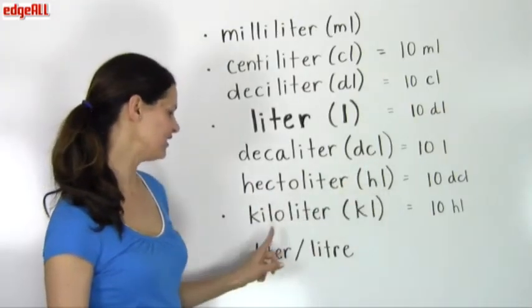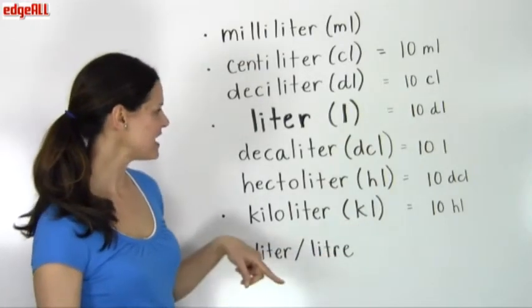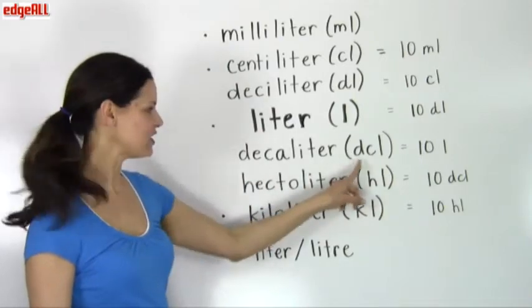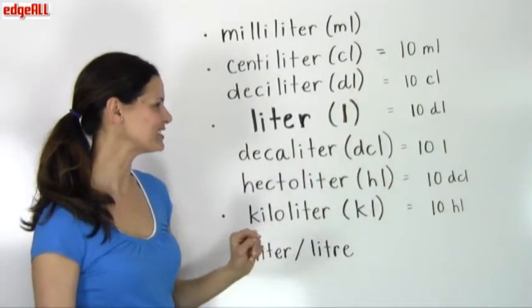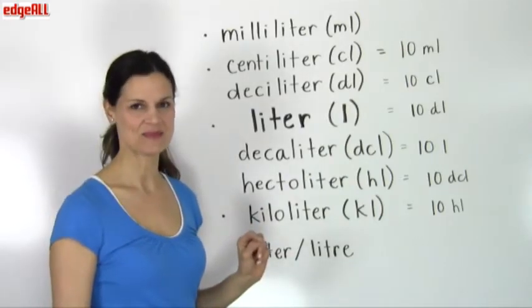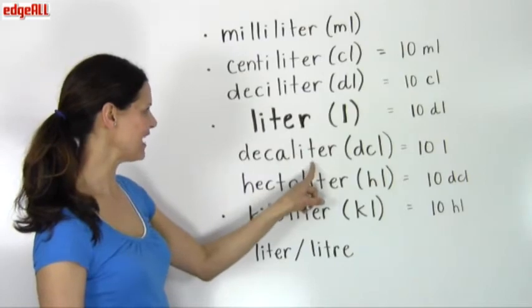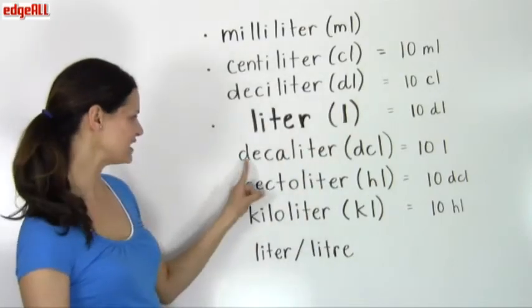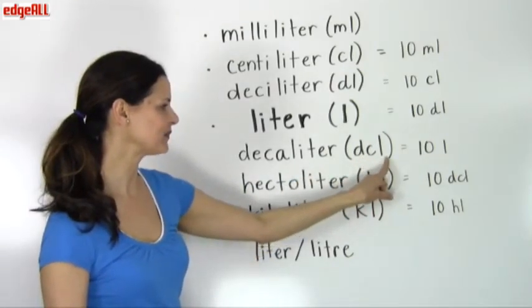Hectoliter, hL. And kiloliter, kL. Be careful for the deciliter and decaliter that you use the correct abbreviated version of the name. Since they both start with a D and they both have liter in them, we can't use dL for both of them. And so for decaliter, we use daL.